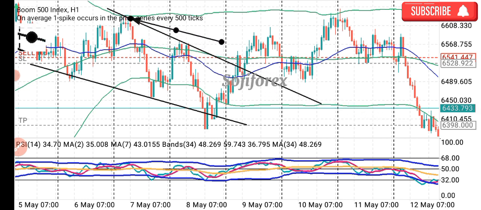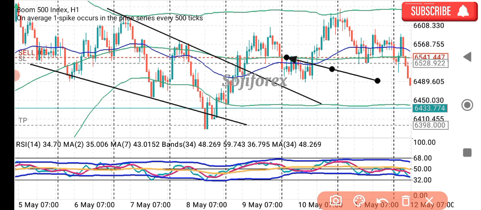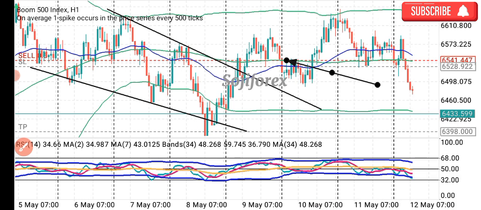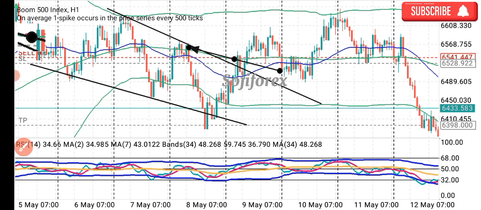You can see here we are having our series of lower highs, and you see we have our lower lows. So regardless of how you want to trade it, the most important thing is we are in a downtrend.